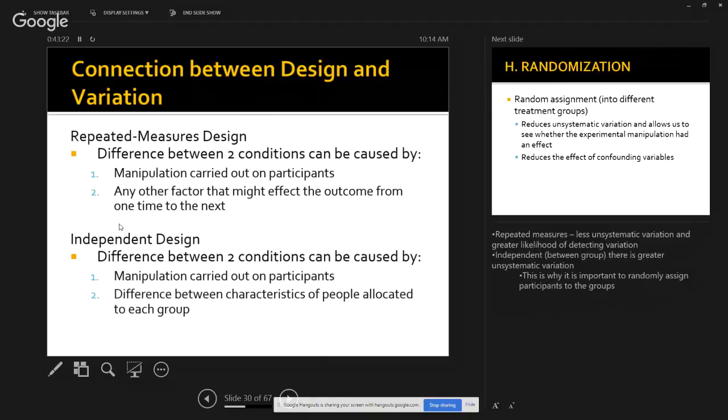So repeated measures, again, I want to connect to design. In a repeated measures design, if we see differences in conditions, like hopping on the left foot versus hopping on the right foot, or between coffee and tea, any difference is a manipulation that was carried out on the participants. So it's going to be caused by that manipulation of the independent variable, and any other factor that might affect the outcome from one time to another.